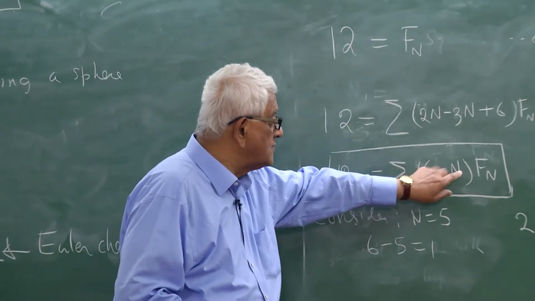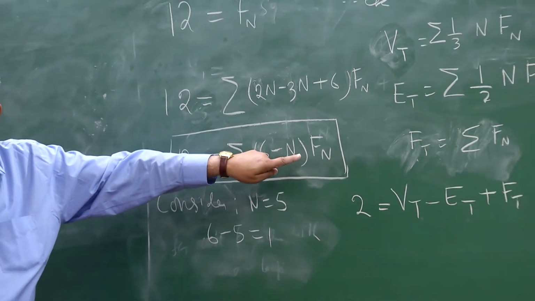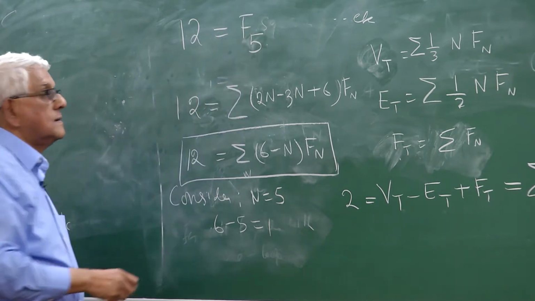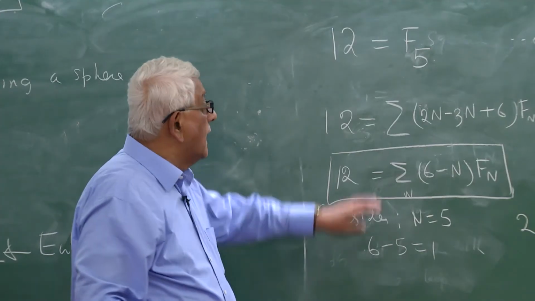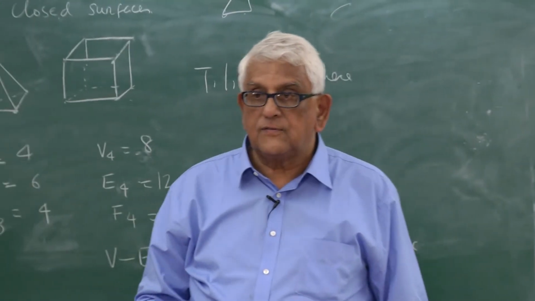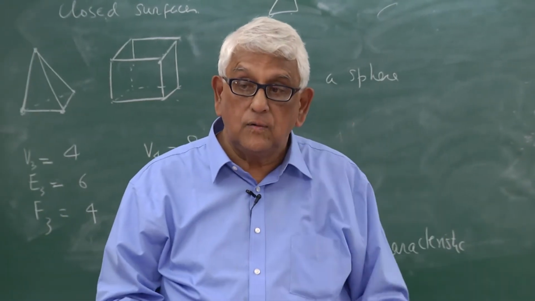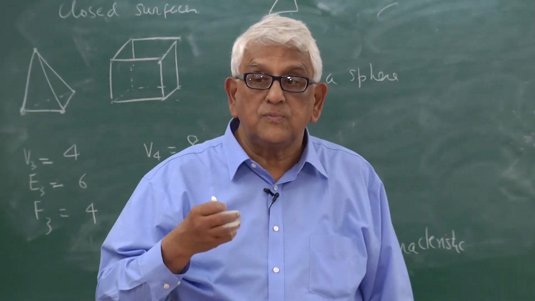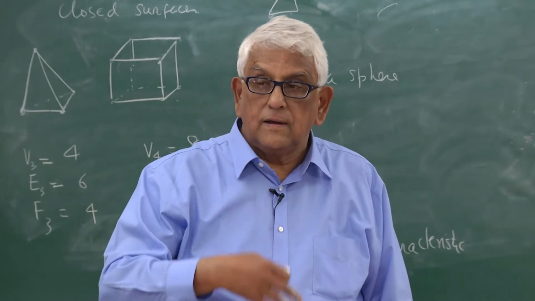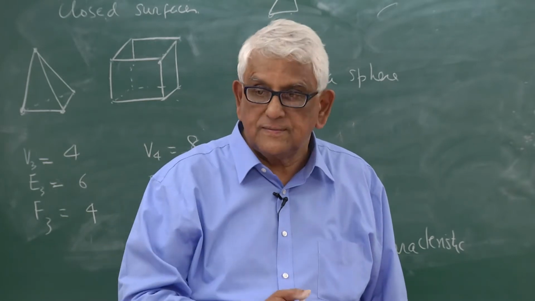So then 6 minus 5 is 1, and then in this sum there is only one term, this is F_5. So then F_5 has to be 12. So this shows that starting from an extremely simple idea which is completely observational, one can derive a result which is not so obvious.